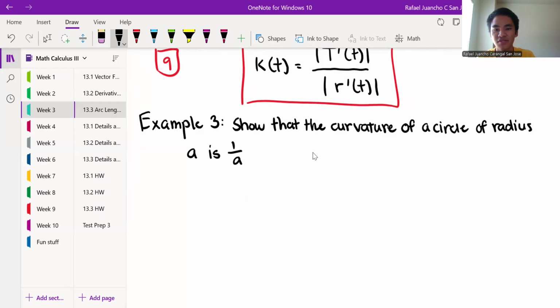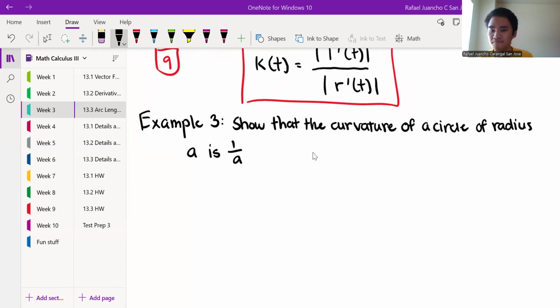So the curvature of a circle of radius a is 1 over a, right?